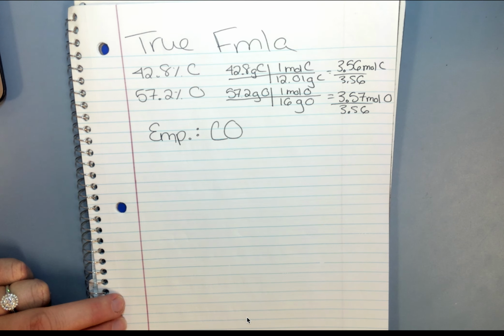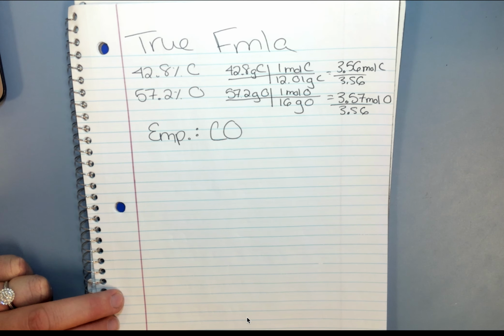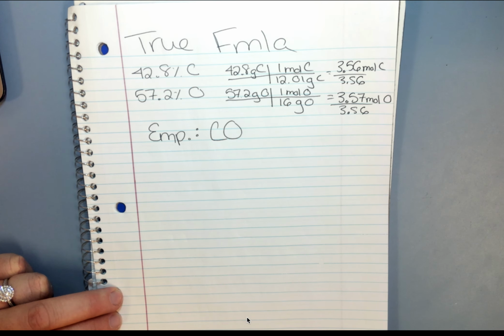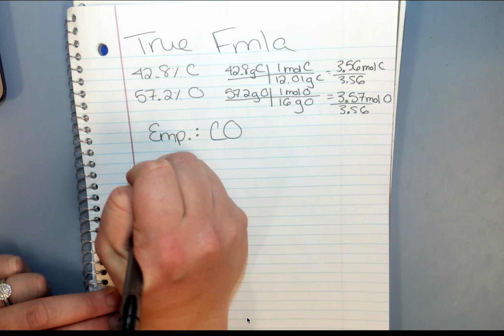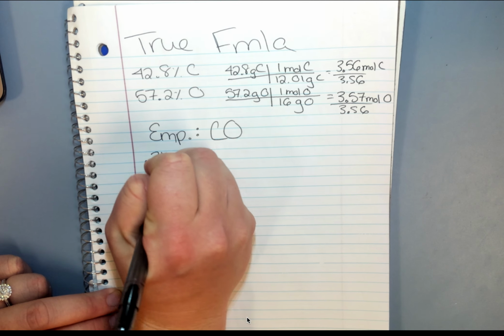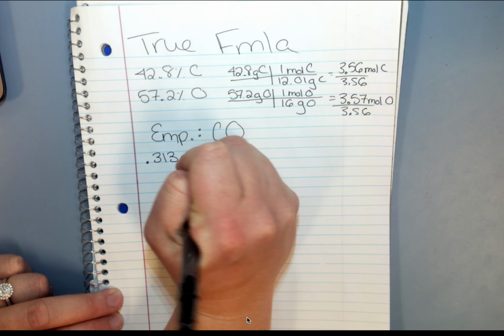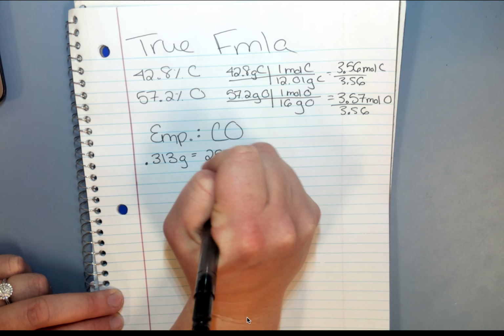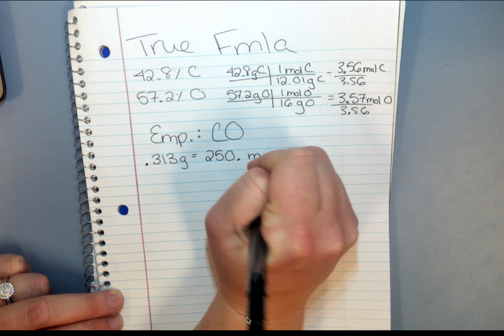So now the next step of this process is to find my true formula. It says it is found that 250 milliliters of this gas weighs 0.313 grams. So 0.313 grams is equal to 250 milliliters.